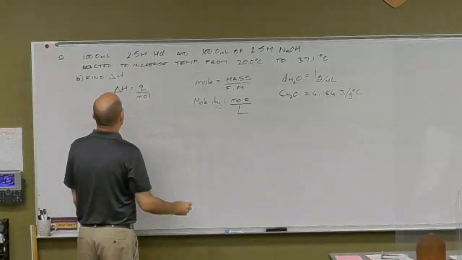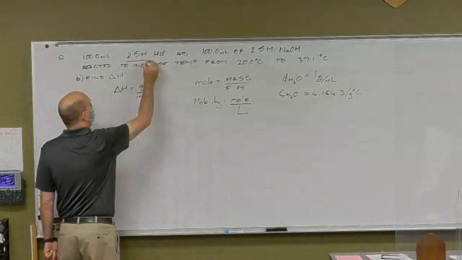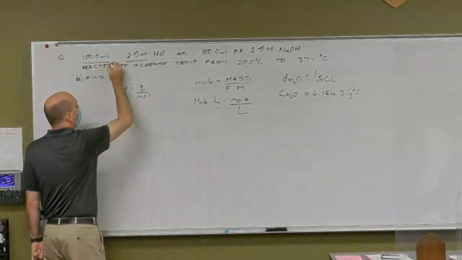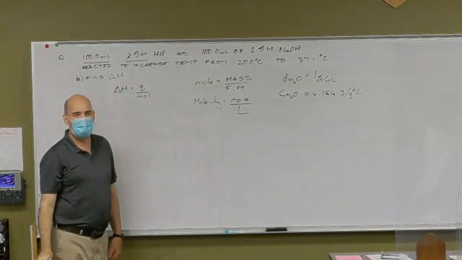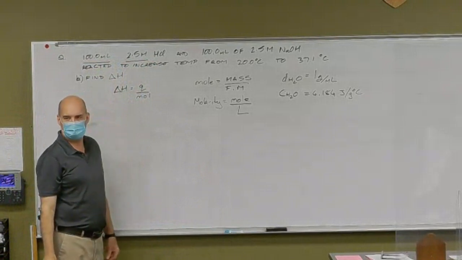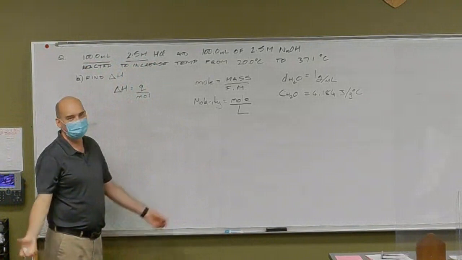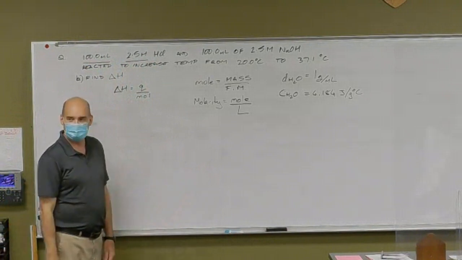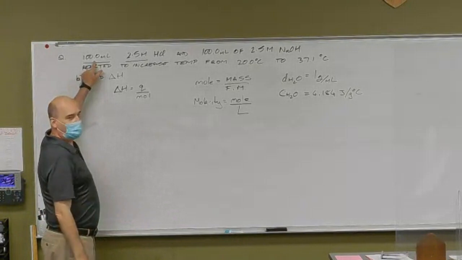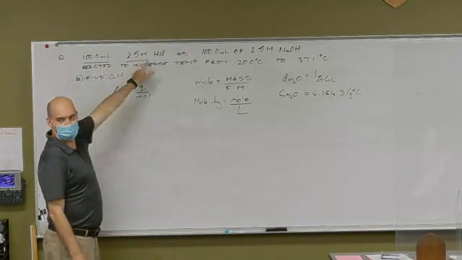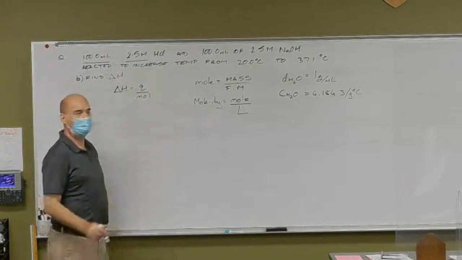And look what's in the question. There's a molarity and there's a volume. It's not in liters. But I know how many milliliters are in a liter. How many milliliters are in a liter? It's always 1,000. So I'm going to convert that into liters, and I'm going to use this other number to find the value of moles.